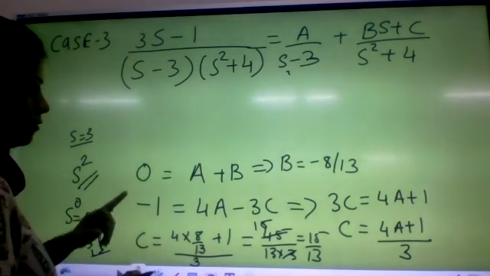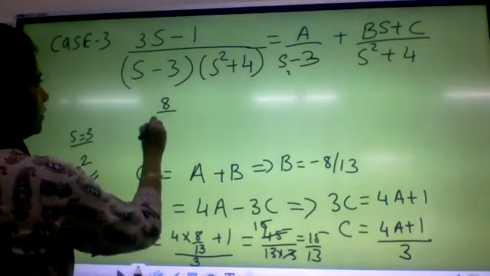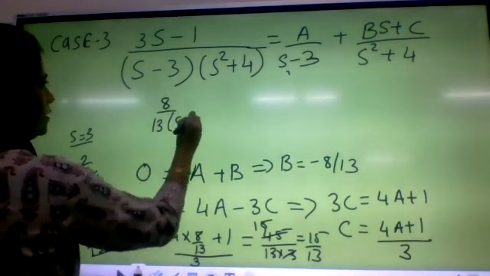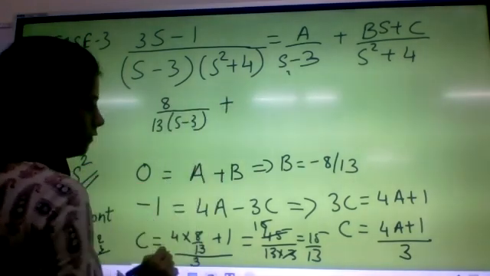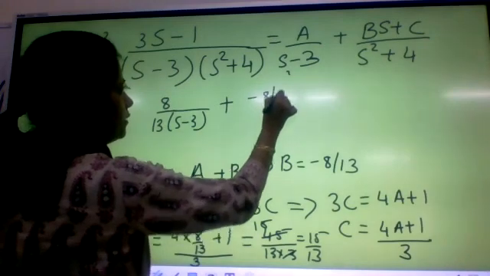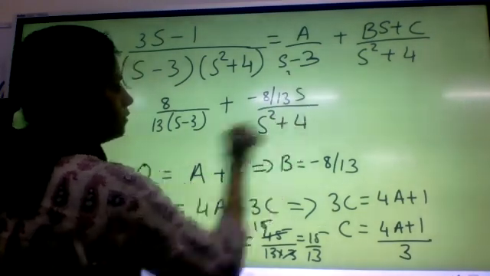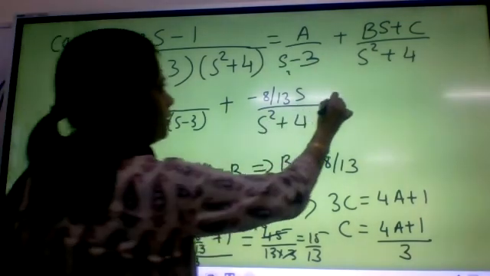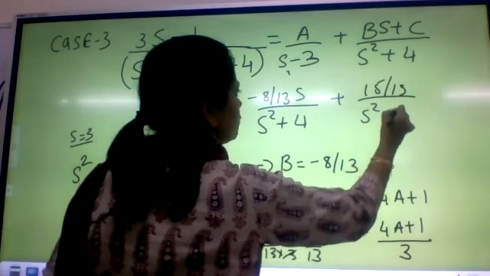Now our A value is 8 by 13. So 8 by 13 into s minus 3 plus b. What is the value of b? Minus 8 by 13 s upon s square plus 4. What is the value of c? 15 by 13. So plus 15 by 13 upon s square plus 4.